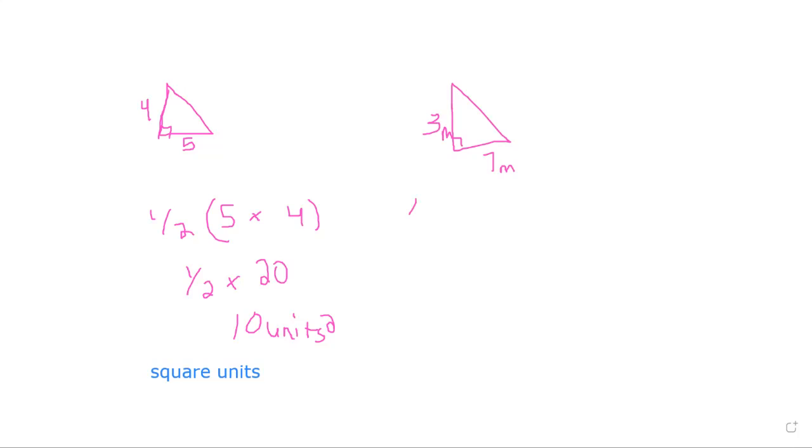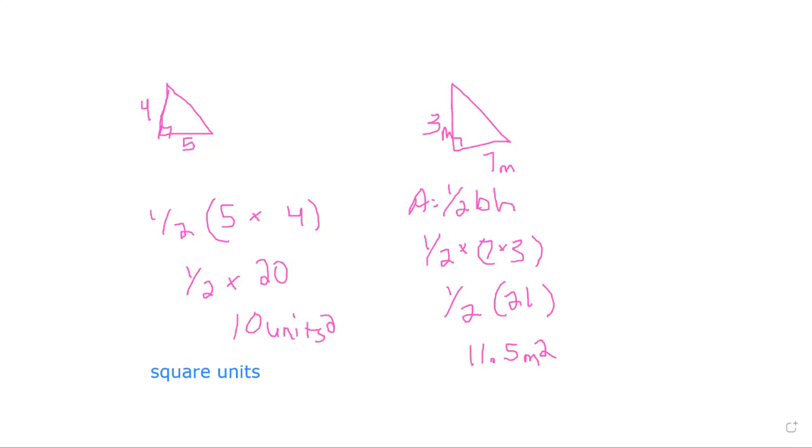Our area formula is area equals 1/2 base times height. So that's 1/2 times 7 times 3. So 1/2 times 21, which equals 10.5, and it's meters squared.